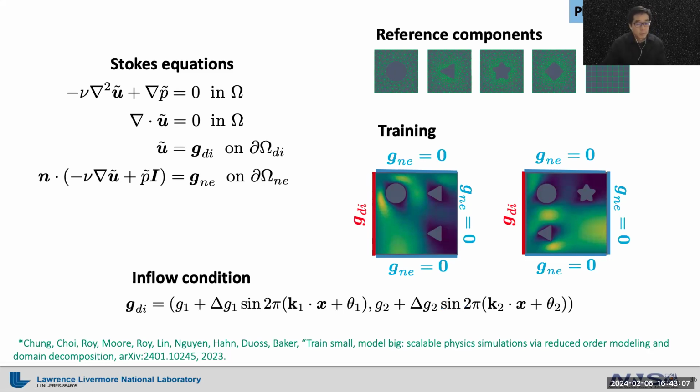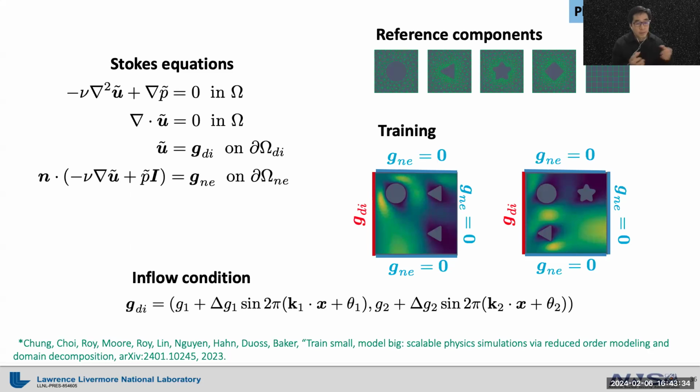And here we use the discontinuous Galerkin framework in order to allow discontinuity between the interfaces when you assemble those reference components together. But at the end, by regularization types or penalty types of constraints, you can enforce the continuity.